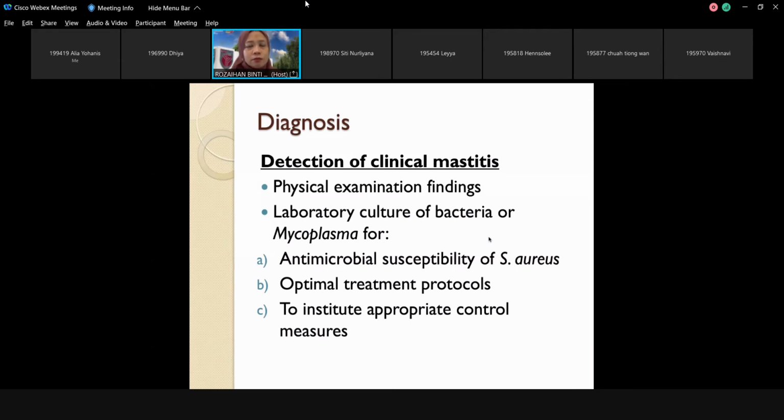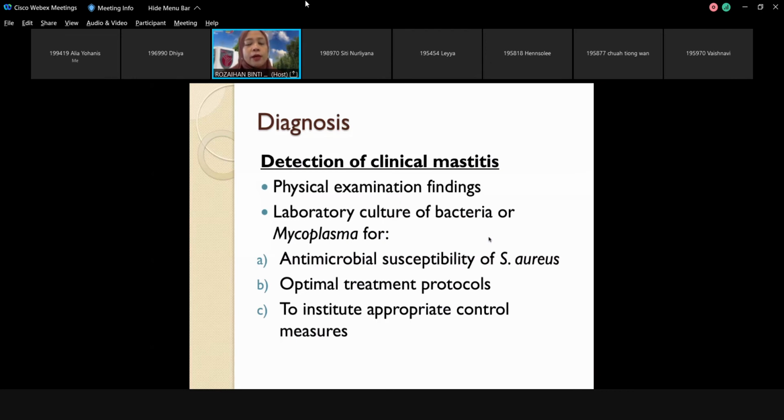Of course, it is caused by bacteria, and of course you would be treating mastitis using antibiotics, but most of the time it fails. Most treatments fail because many factors play a role in making the animals have persistent or recurrent mastitis.